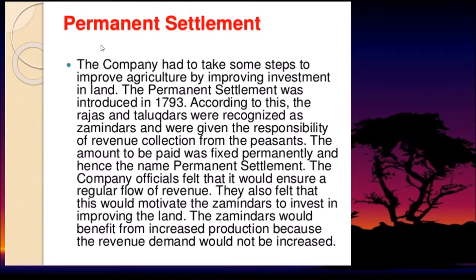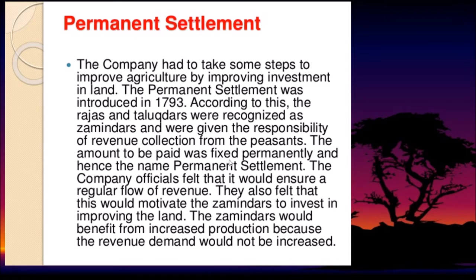Now coming to the permanent settlement. The company had to take some steps to improve agriculture by improving investment in land. The permanent settlement was introduced in 1793. According to this, the Rajas and Talukdars were recognized as zamindars and were given the responsibility of revenue collection from the peasants.